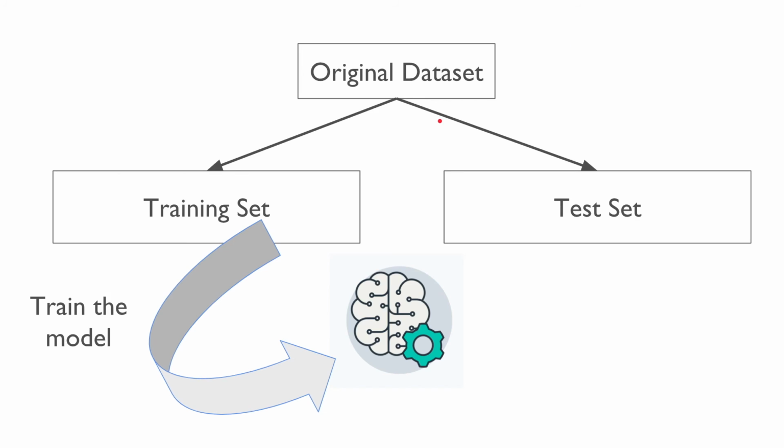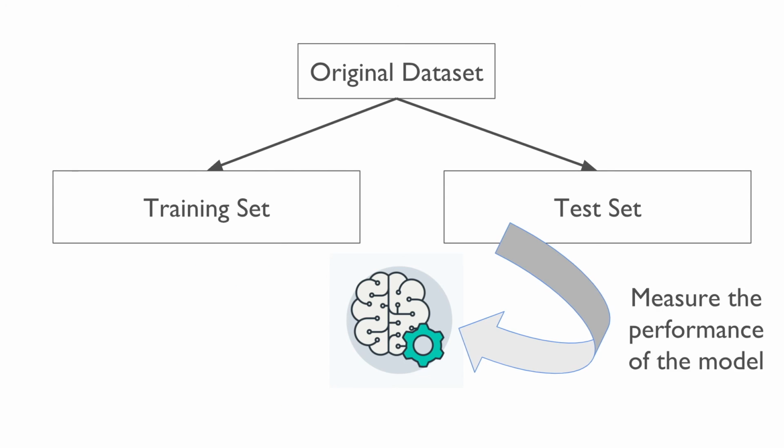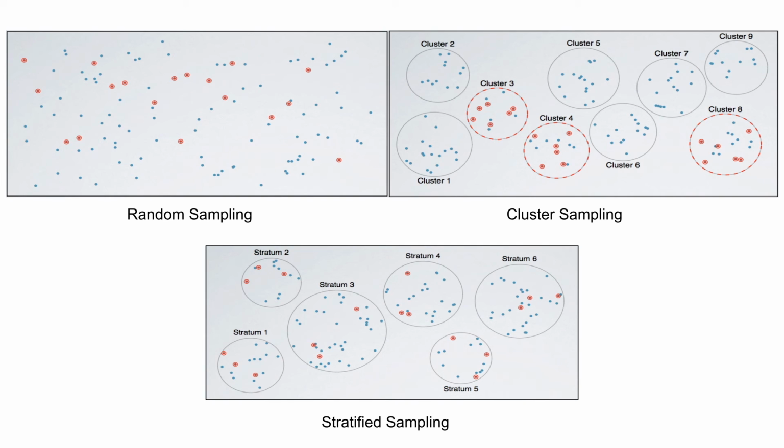Then we learned that the original dataset is divided into training and test set. Using the training set, we train the model, and using the test set, we measure how well the trained model is doing. Then we learned various sampling techniques like random, cluster, and stratified sampling.